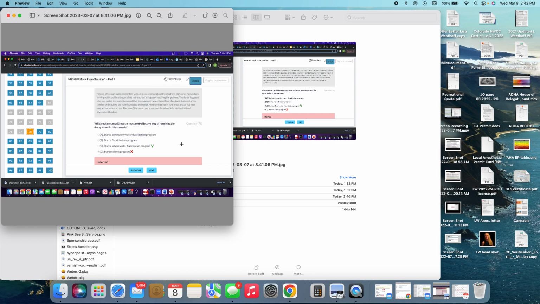Now, there could be some arguing about the cost efficiency of a fluoride rinse program versus fluoridating the school, right? A fluoride rinse program initially is going to be far less expensive than paying for the equipment and the plumbing and things like that to add fluoride to the water that the children are drinking at school.